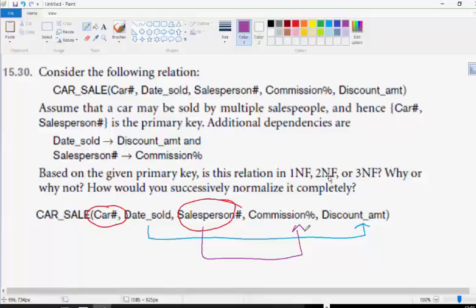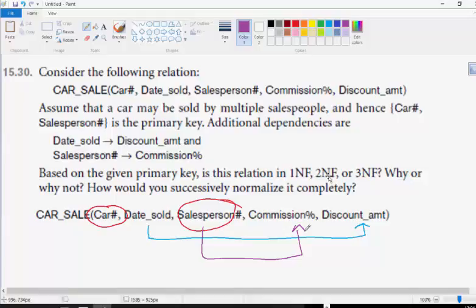First, I'm not having any issues. Second, there's a partial dependency. Okay, so first we are fine. Second, what's the issue? There's a partial dependency because of the commission.